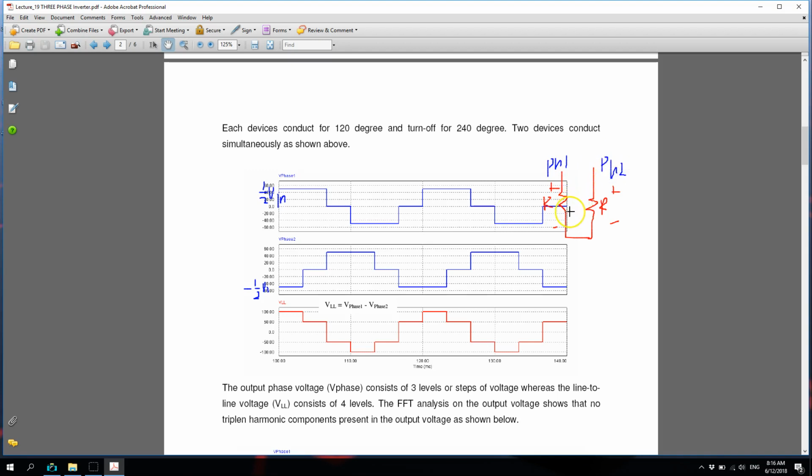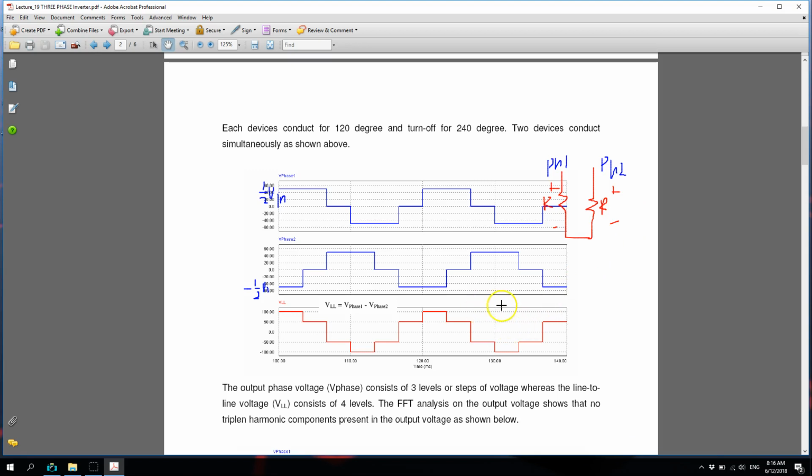So I hope you can refer to the previous slide, the previous note, whereby you have this plus half of the V in across your R, and then for phase 2 you have another negative, because the polarity is plus negative here, so you have negative V in during this time.